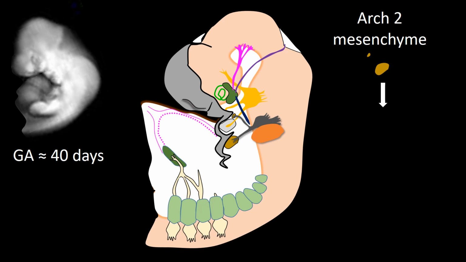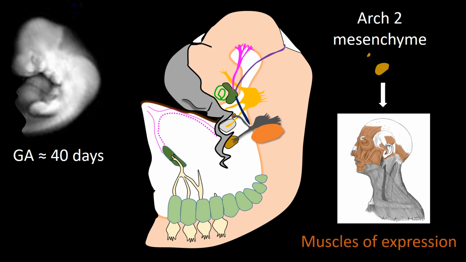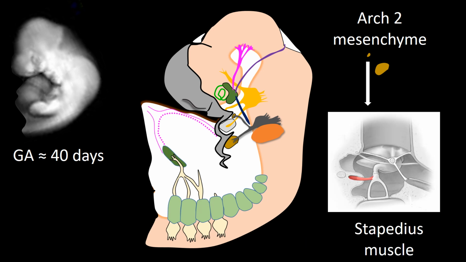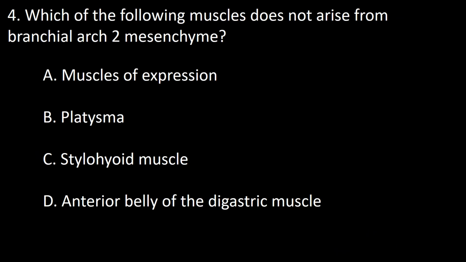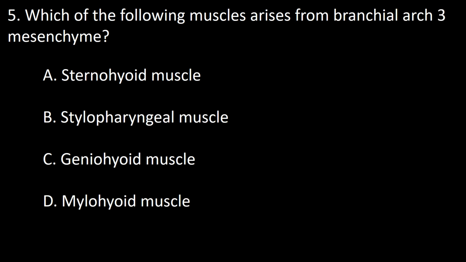Muscles originating from the second branchial arch mesenchyma are the muscles of expression, platysma, the stapedius muscle, and the stylohyoid and the posterior belly of the digastric muscle. The answer is D.